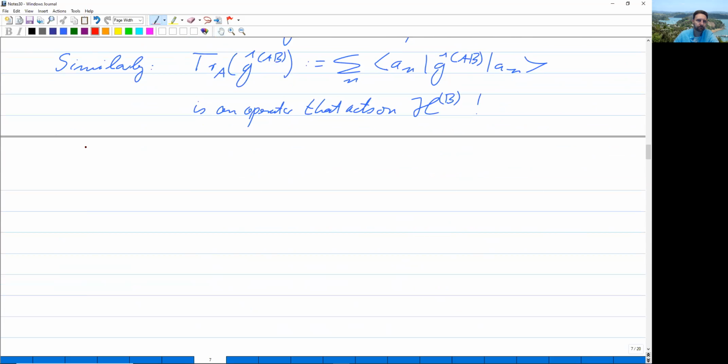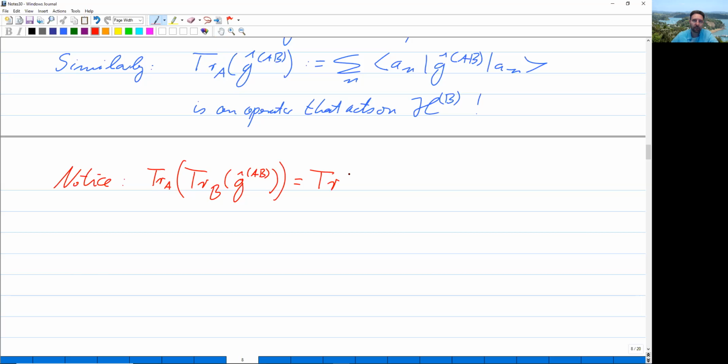So notice we have that if we do the trace over subsystem B of G hat AB, then we obtain an operator that still acts on system A. And then if we take the trace with respect to subsystem A of that, in fact, we wouldn't even write subscript A normally because it's no longer ambiguous, because there's only one system left, system A. But if we first trace with respect to B and then trace with respect to A, then this is just simply the total trace of G hat AB.